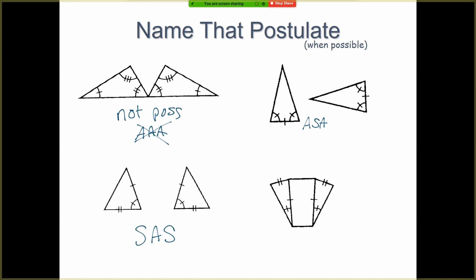For the bottom right one, we have two sides and an angle. The angle is not included, so it would be ASS, which is not possible. Yes, they look the same, but you cannot judge based off of the diagram's looks alone. You have to be able to follow one of the postulates.